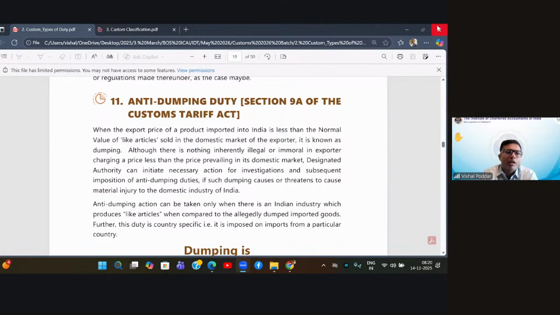So understand one thing. Maybe retrospective levy may not stop the goods coming into India because the goods have already come into India. But when an importer knows that the government has such power of retrospective levy, what happens? Understand this: it acts like a preventive measure.